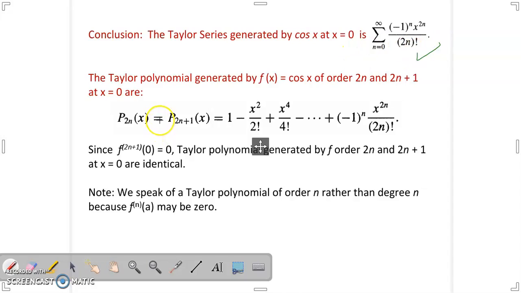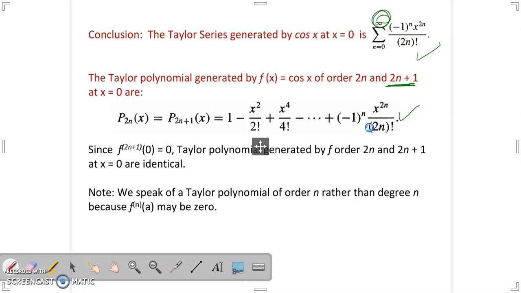Now we want to find the Taylor's polynomial. When you find the Taylor's polynomial of order 2n, it will be this one, right? You have to go till 2n. Now what if you find the Taylor polynomial generated by this function of order 2n plus 1?